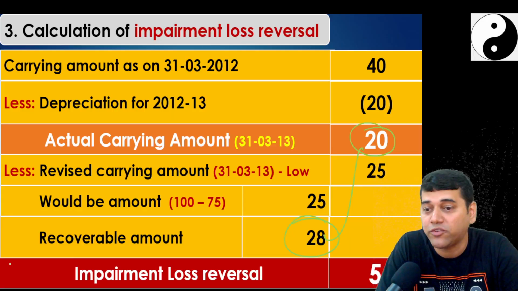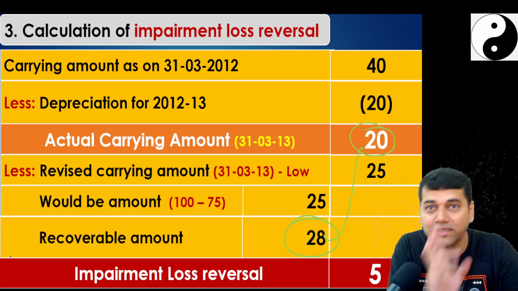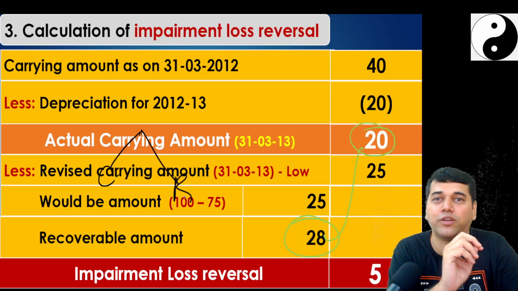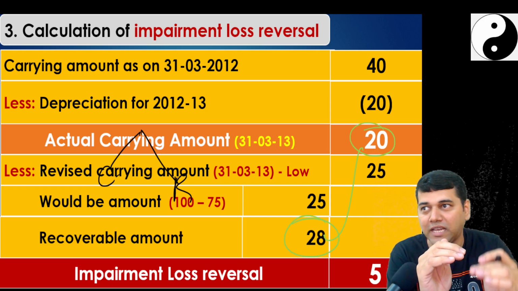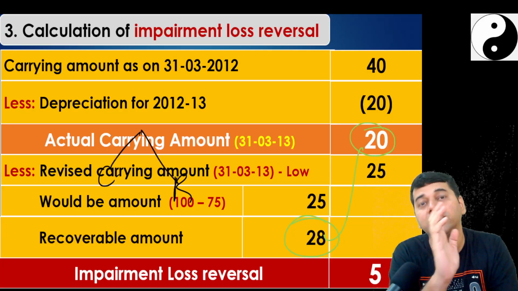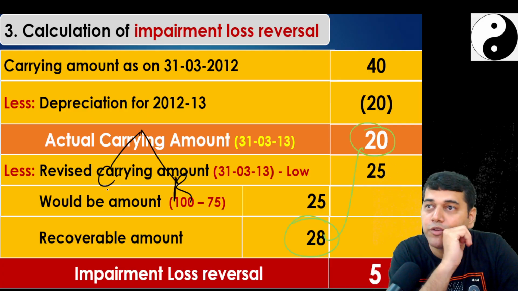You remember, that's why in decommissioning liability, we discussed it. If you follow cost model, if you follow revaluation model, when there is a decrease in the decommissioning liability, okay. Now what accounting, and when there is an increase in the decommissioning liability, if you follow cost model, what accounting entry you pass?